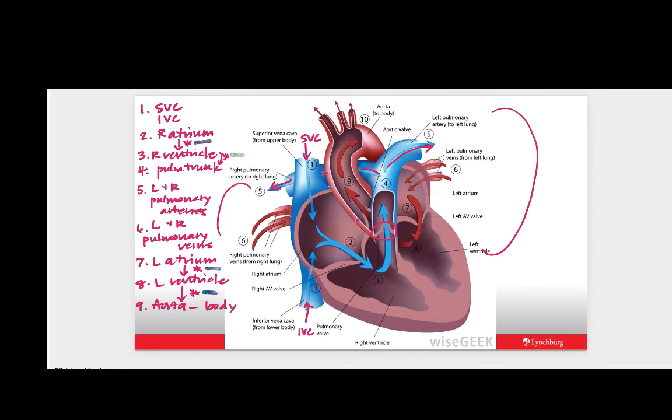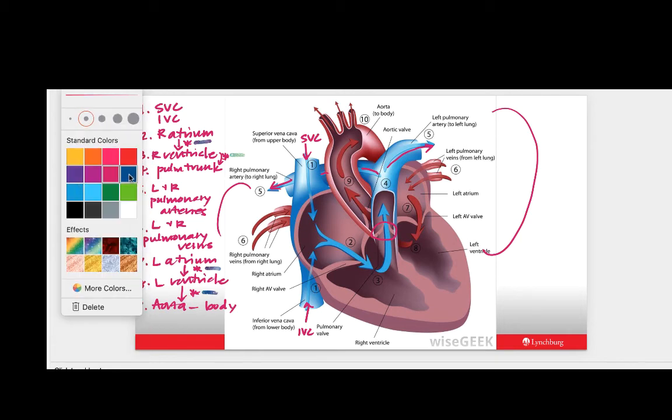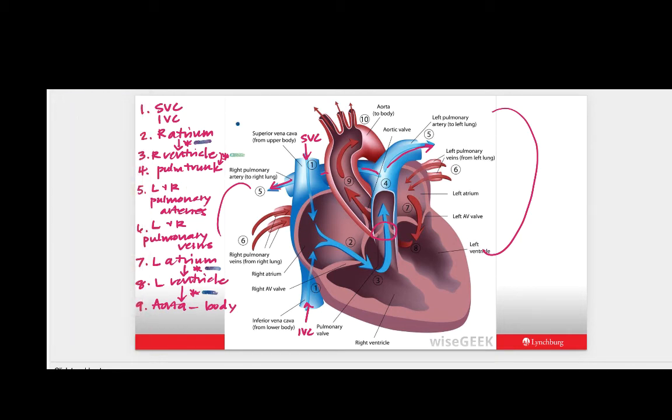Okay, and realizing too that blood on this side of the heart is all going to be oxygen poor. So this is all oxygen poor blood. It hasn't gone to the lungs yet.